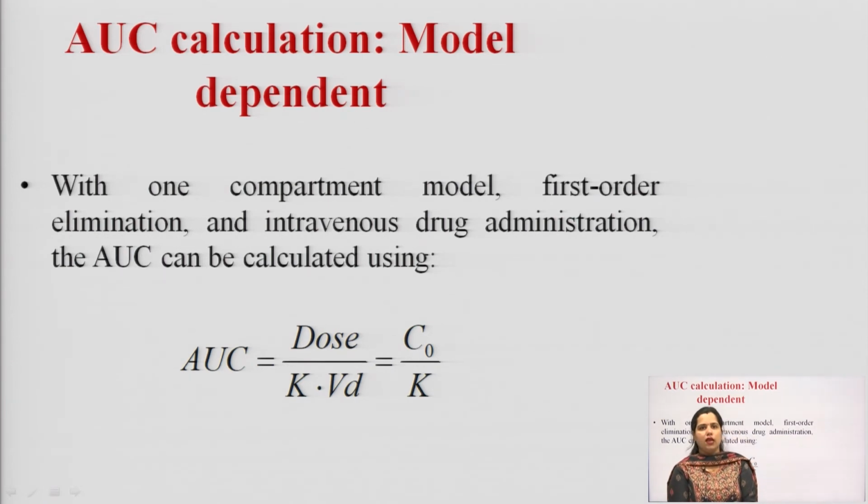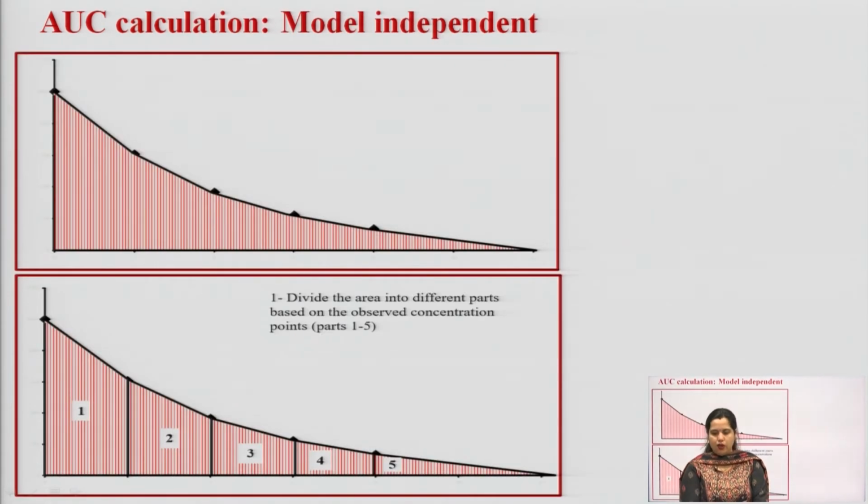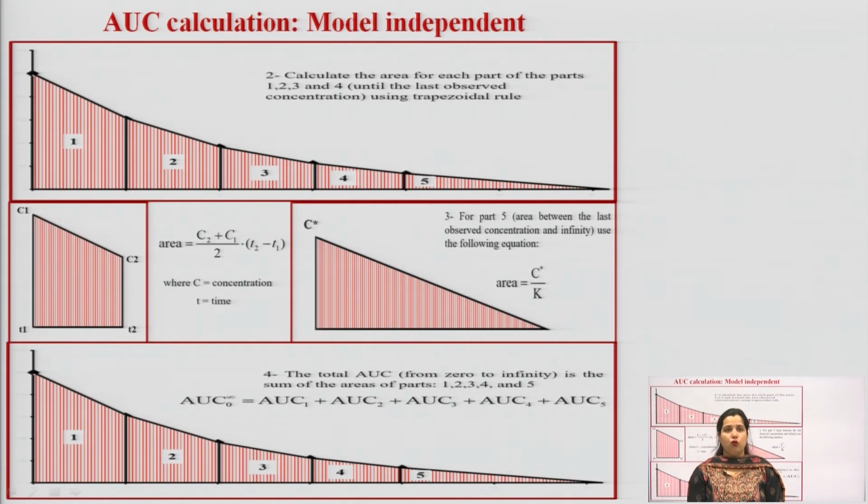Here K is your elimination rate constant, dose is the dose given, and Vd is the volume of distribution. So, the concentration of drug in plasma is C naught, and K is the rate constant. For AUC calculation, we have also discussed the trapezoidal rule in earlier sessions.